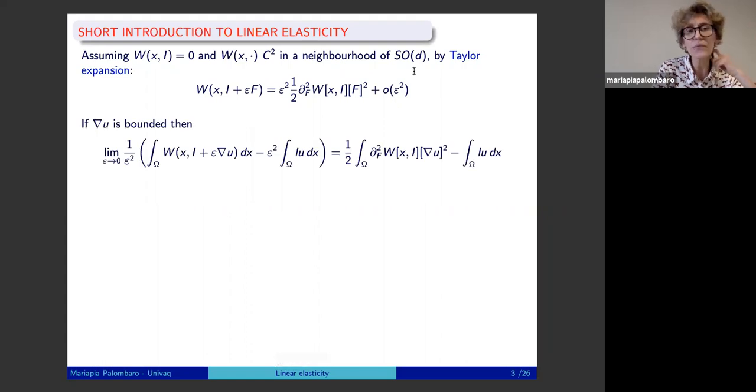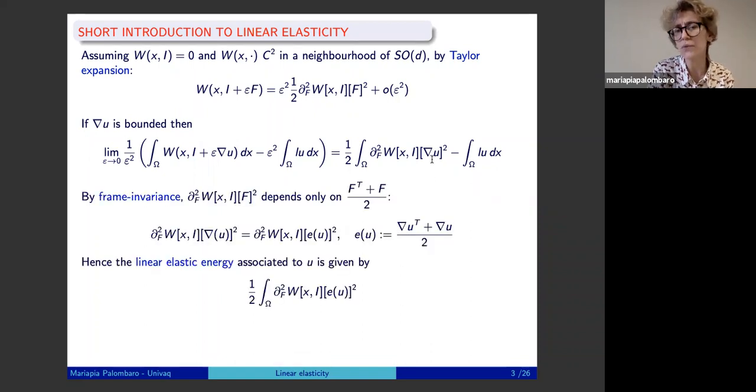And if the gradient of u, of the displacement, is bounded, replacing F by the gradient of u, dividing the total energy by epsilon squared and taking the limit as epsilon goes to zero, we obtain this limit energy. So we recognize here the quadratic linear energy that acts on the gradient of u, but in fact on its symmetric part.